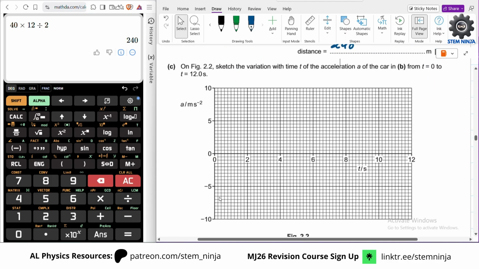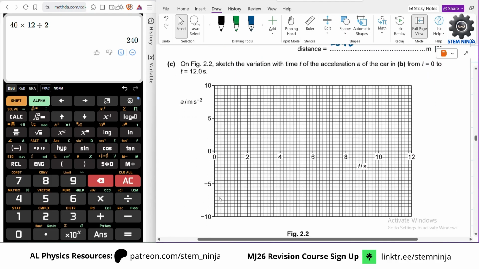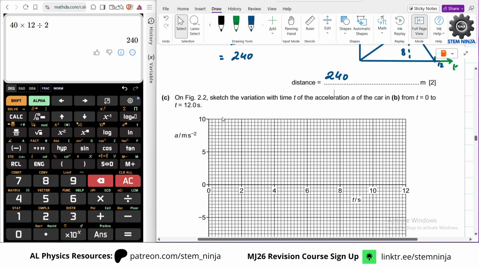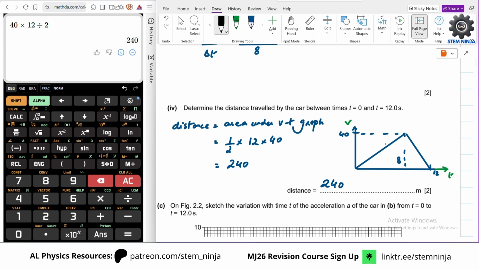On figure 2.2, sketch the variation with time t of the acceleration a of the car from t equal to 0 to t equal to 12 seconds. Okay, so over here in 8 seconds we had 0 to 40. So this was coming out to be 5 meters per second squared. Now from 8 to 12, it's half the time but same change in velocity. So the magnitude would be 10 meters per second squared and negative, because change in velocity is the same but it's half the time, so acceleration would be double.